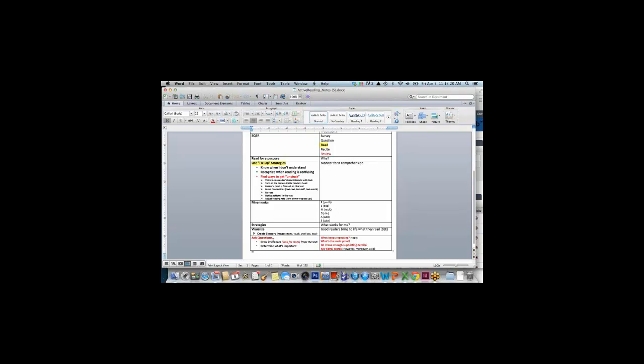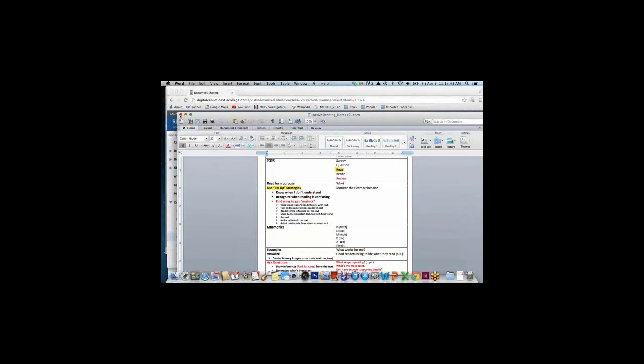Right here where it says ask questions, draw inferences, looking for clues in the text and determine what's important. I continue to ask my students when they're reading to ask themselves what keeps repeating, what's the main point, do I have enough supporting details, and then they use their key signal words in their reading to help them along the way. So that's one of the handouts, active reading notes.